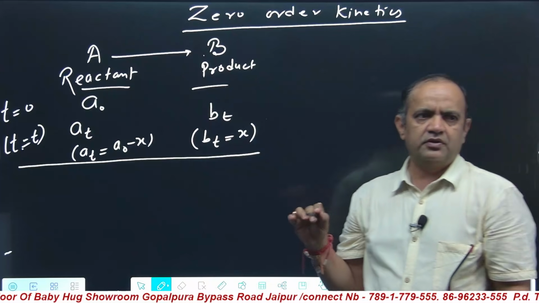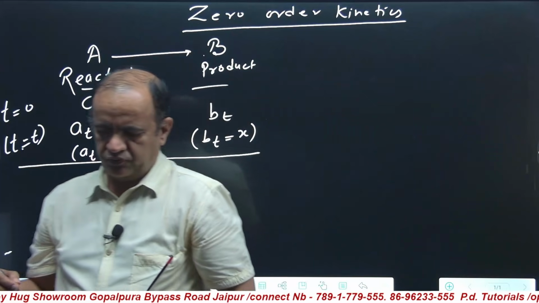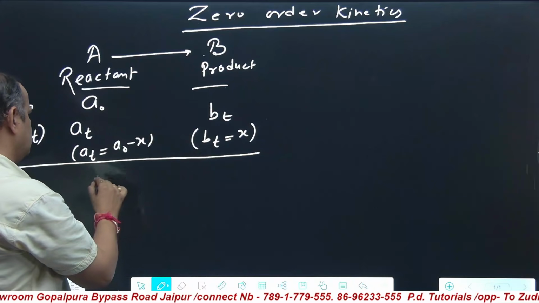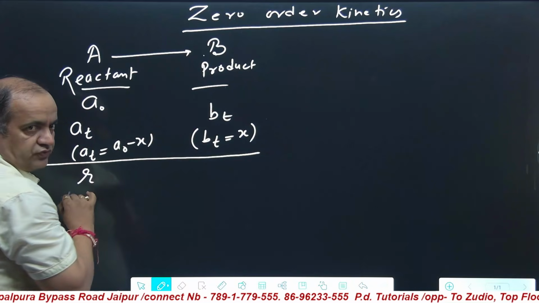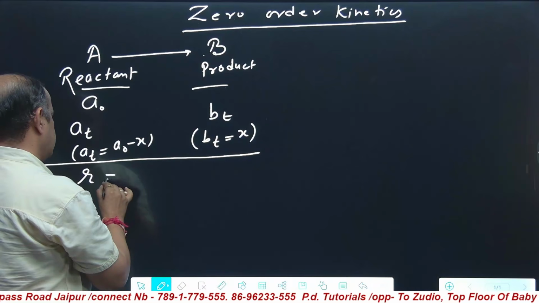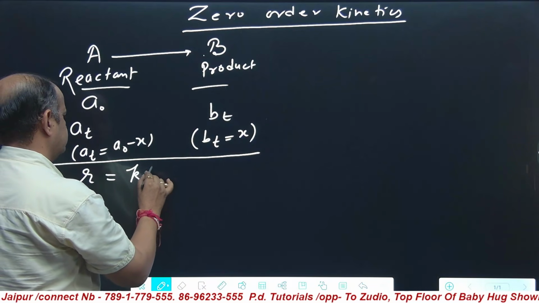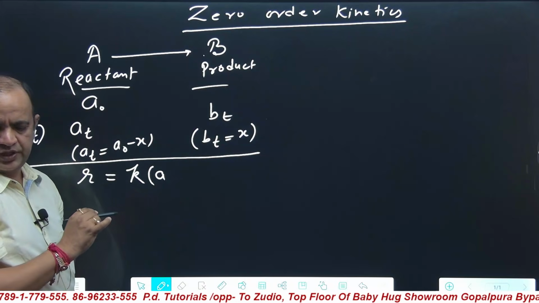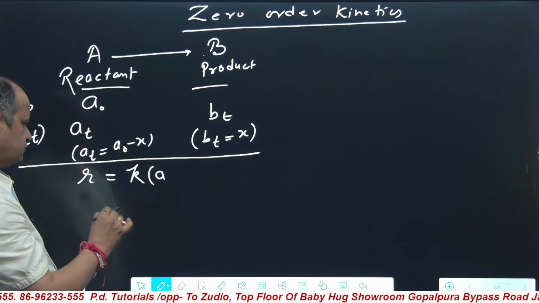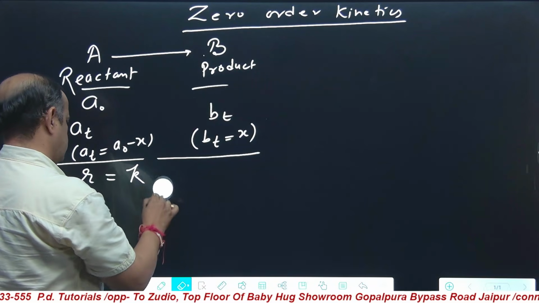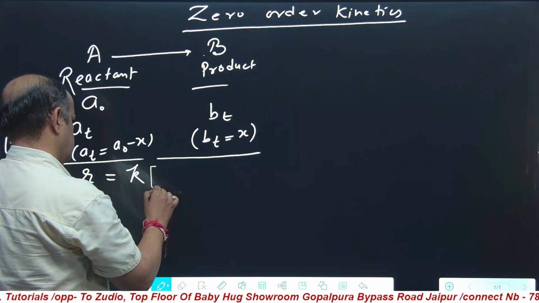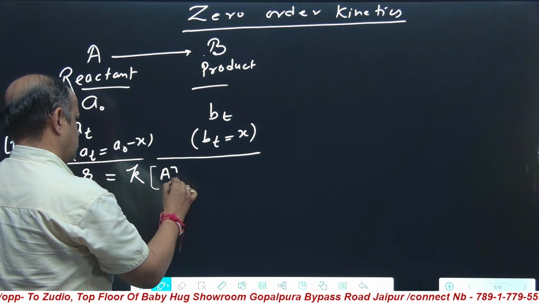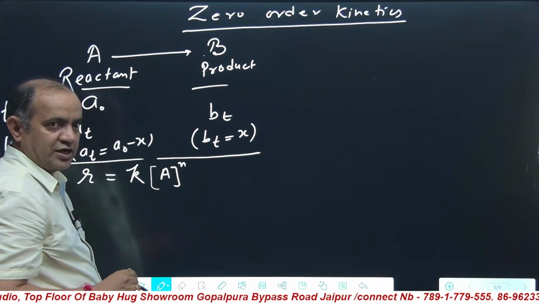Now we will derive a formula for this. Rate of the reaction R equals K, A raised to the power order. What is the order here?